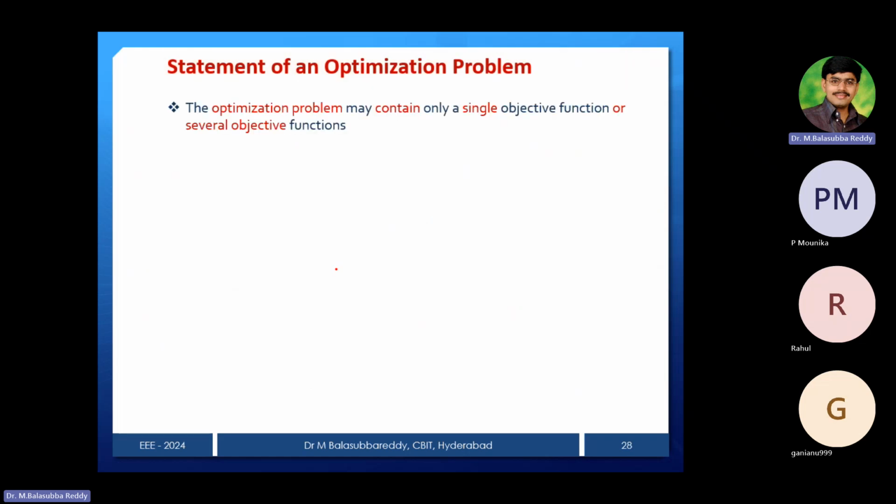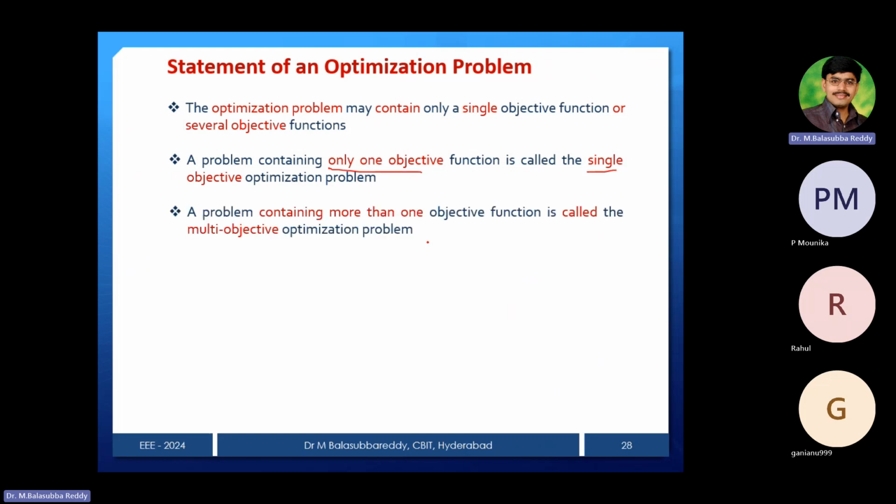Now, an optimization problem may contain only a single objective, sometimes several objectives. If it is more than one, I can say it is a multi-objective problem. That's why with only one objective I call it a single objective function, and more than one a multi-objective problem.